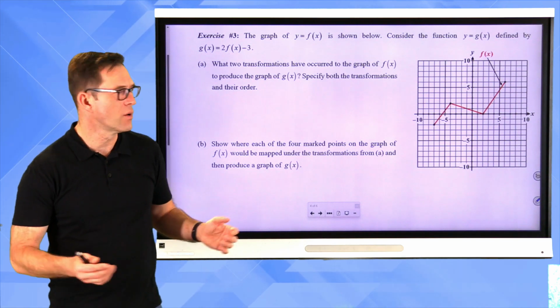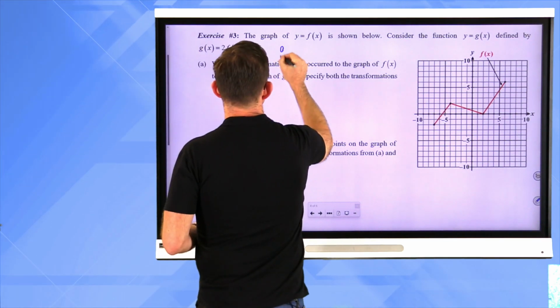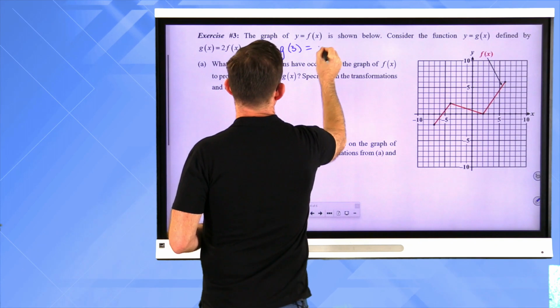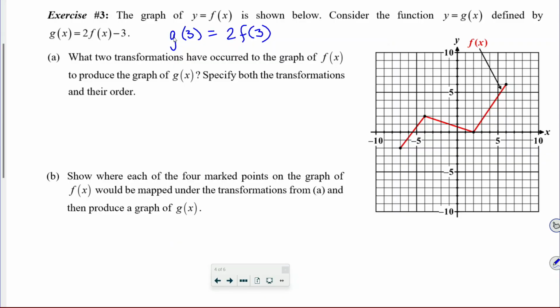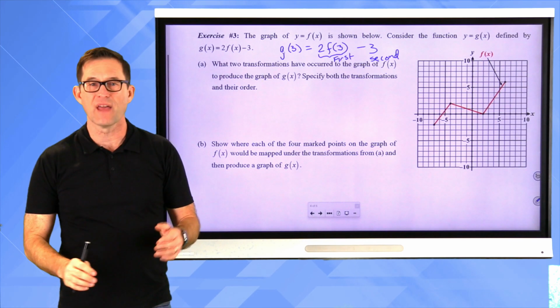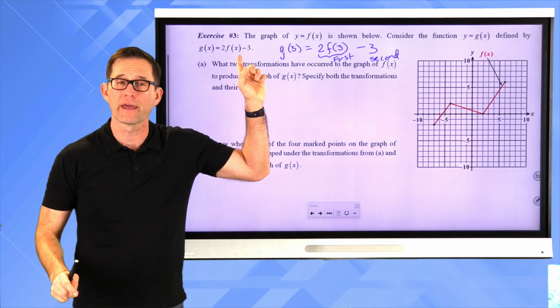Well, literally, if I thought about g of 3, that would be 2 times f of 3, so I'd have to figure that out first, right? This is the first thing. And then I would subtract 3 off, and that would be the second thing. So the first thing that's happening is I'm taking f of x and multiplying it by 2.